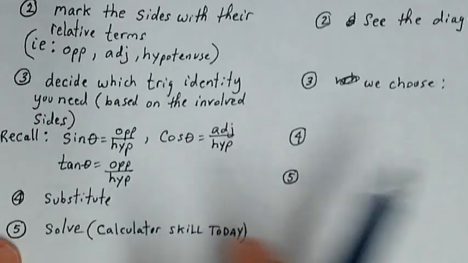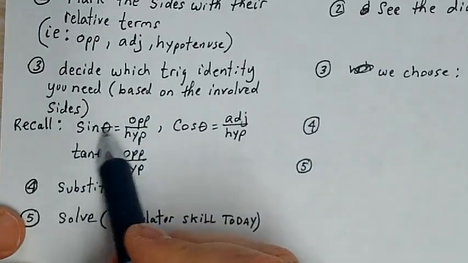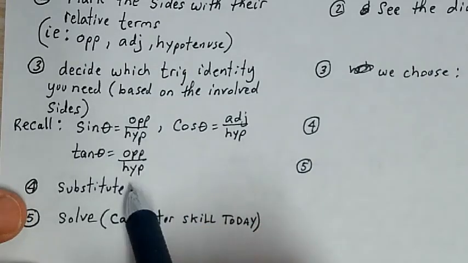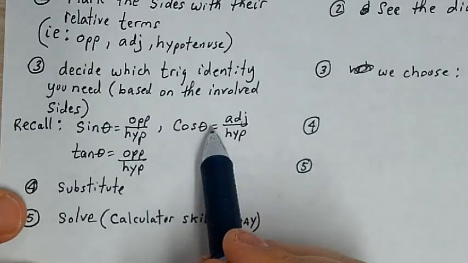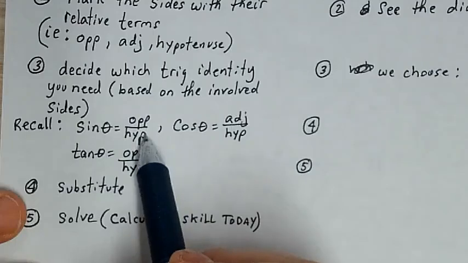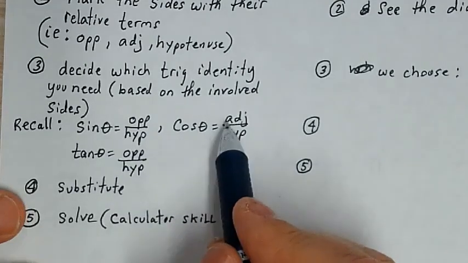So what we do is we recall the definitions of these trig identities, we define them in terms of ratios. So which ratio involves the opposite and the adjacent? Well, the sine is opposite over hypotenuse. Not a good choice. The cosine is the adjacent over the hypotenuse.